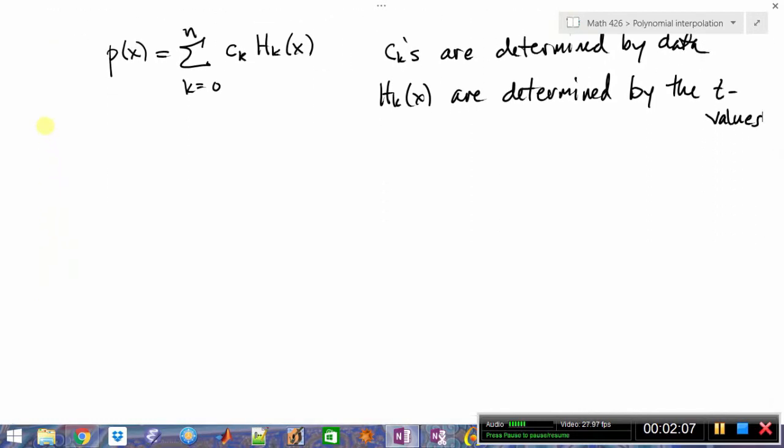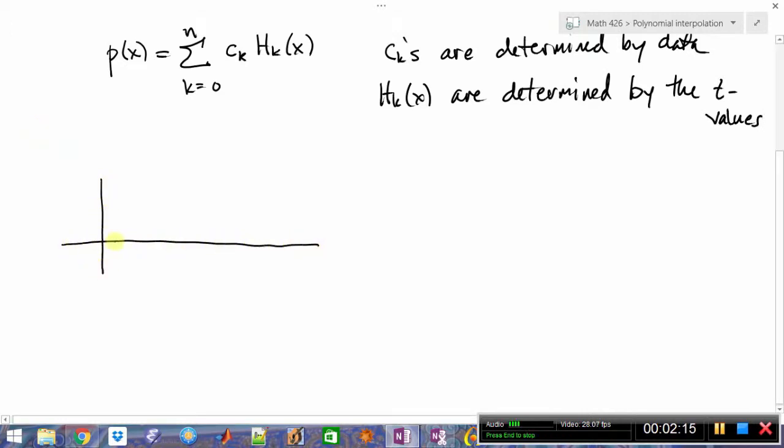All right, so in this case, it's easier to define things with a picture than it is with formulas.